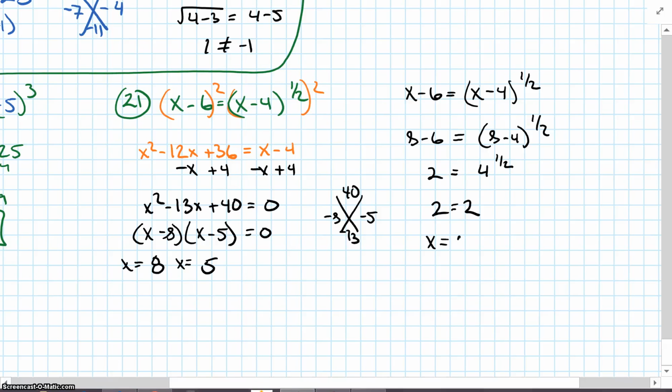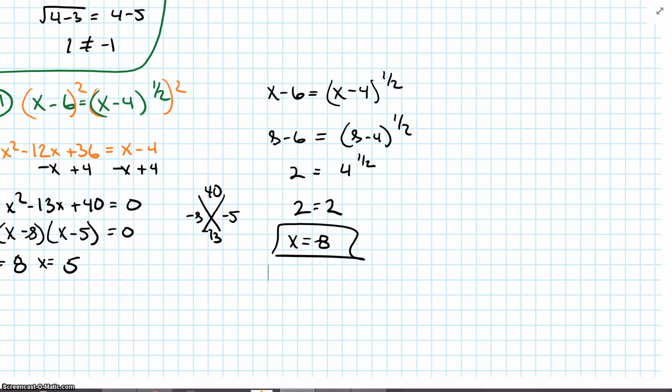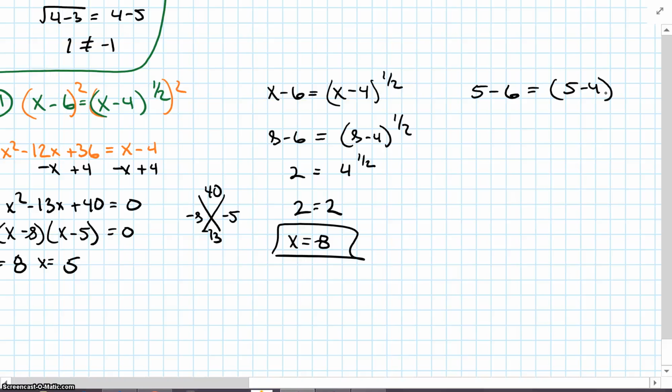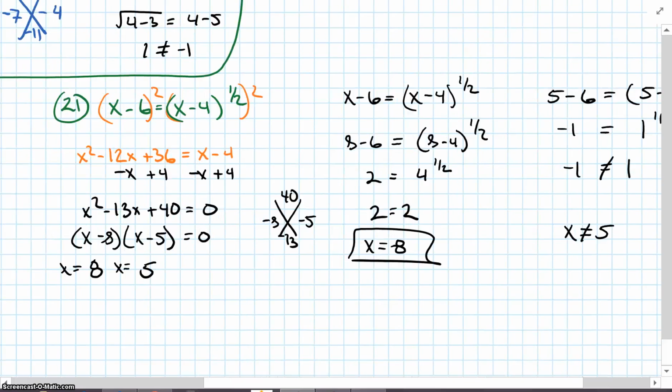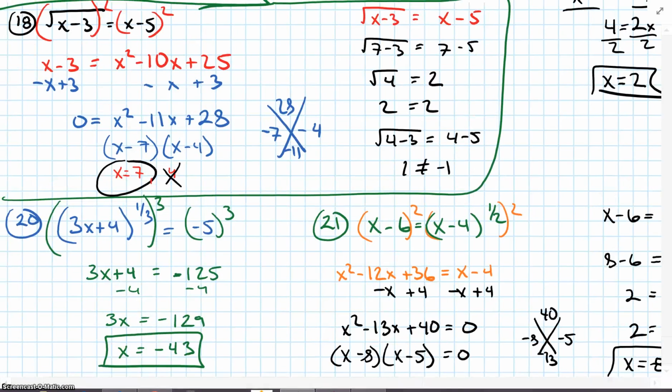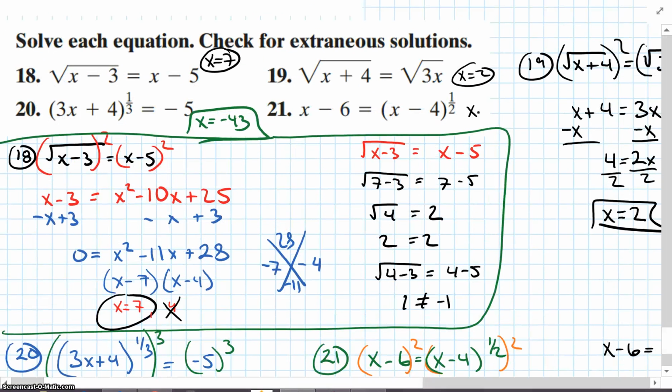So x equals 8 works just fine. Let's try 5. 5 minus 6 equals 5 minus 4 to the 1/2. Well, negative 1 equals 1 to the 1/2. So negative 1 equals 1. That does not work. So x does not equal 5. My only answer is x equals 8 for 21.